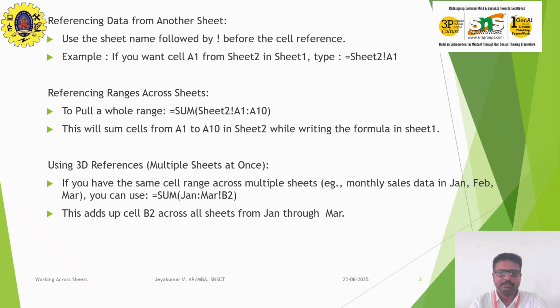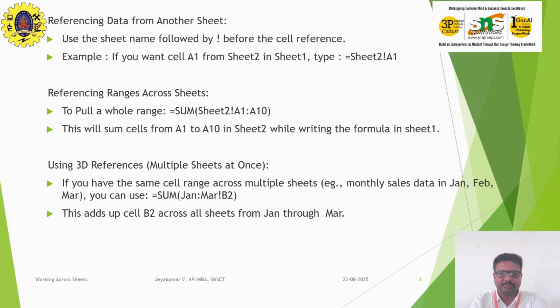Next, we are going to see about referring to ranges across the sheets. To pull a whole range, for example data from A1 to A10, you use the formula equal to SUM(Sheet2!A1:A10).